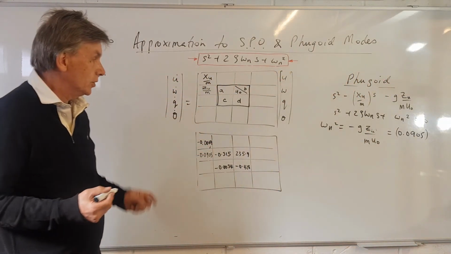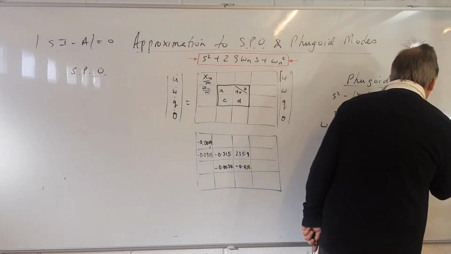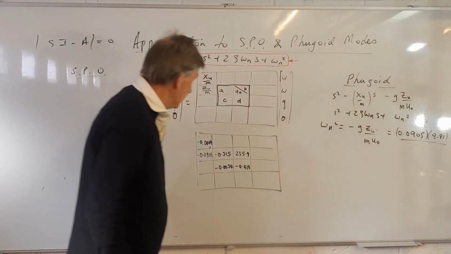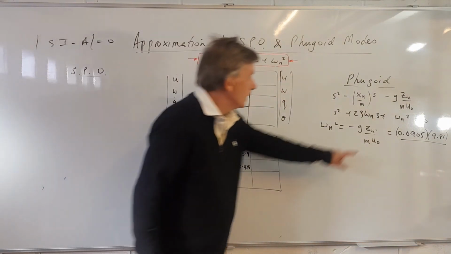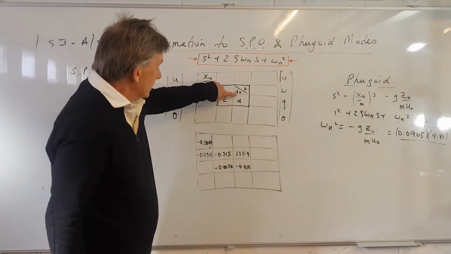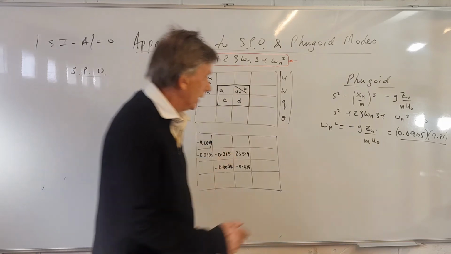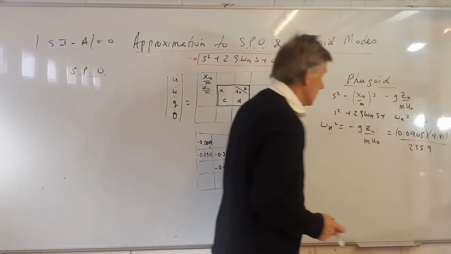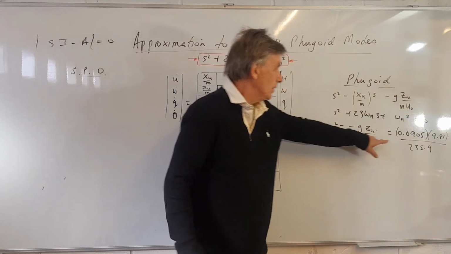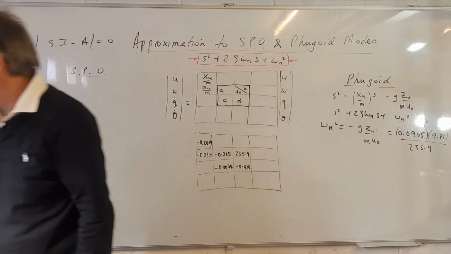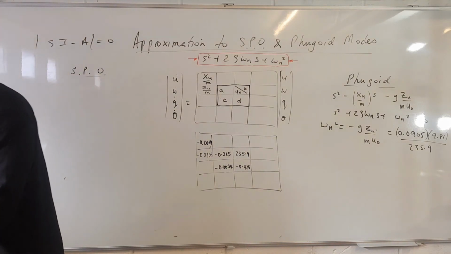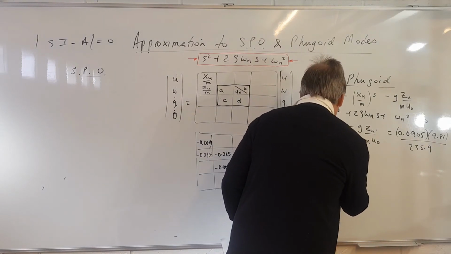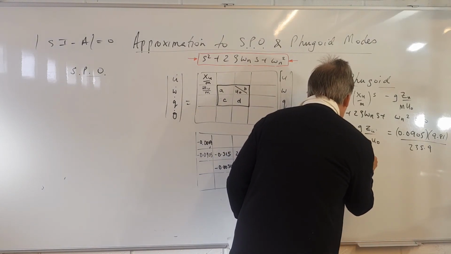We've got g, so g is 9.81. And then we divide by u0, and the u0 sits in there, which is the 235.9. So now we've got an expression for omega n squared, and that comes out as 0.004.